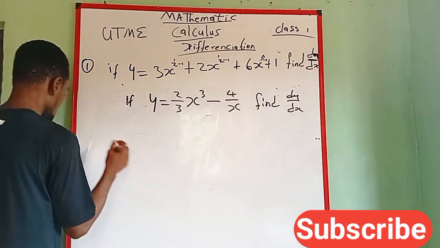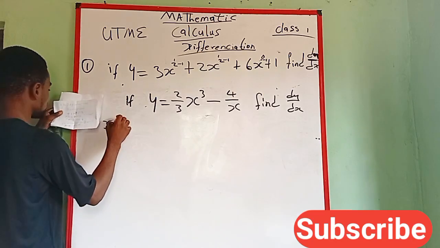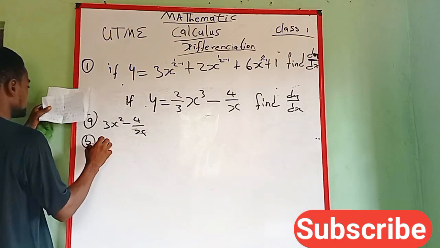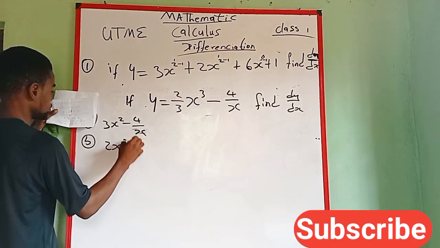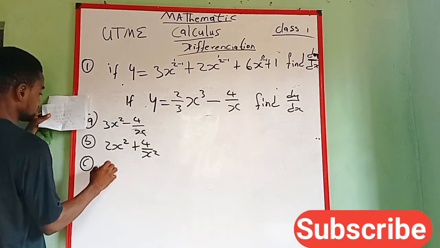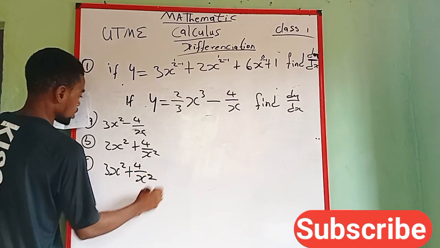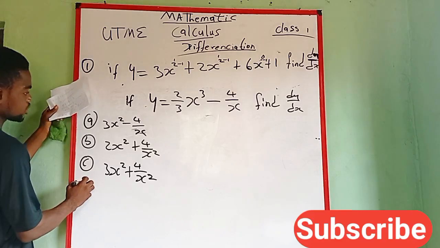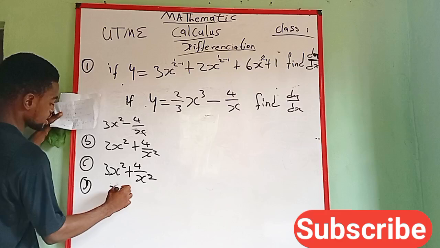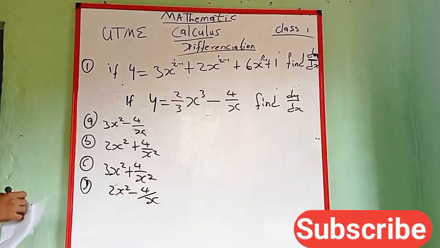Option A is 3s raised to the power 2 minus 4 over s. Or is it B, which is 2s raised to the power 2 plus 4 over s squared? C, is it 3s raised to the power 2 plus 4 over s raised to the power 2? Or is it D, 2s raised to the power 2 minus 4 over s? So which of these is the answer?